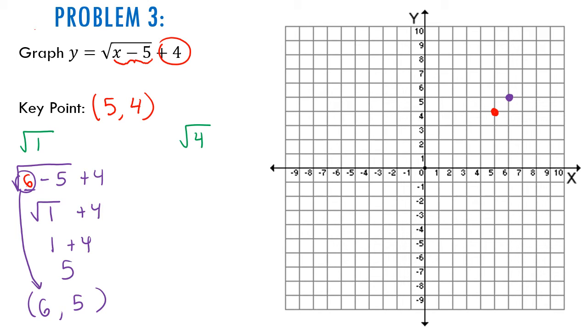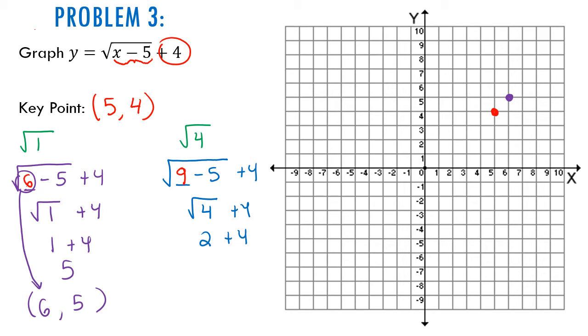Okay. And now we're going to try to create a square root of 4 so we can get another nice whole number coordinate. So square root some number minus 5 that would equal 4. I think 9. So 9 minus 5 would equal 4. And so the square root of 4 is 2.